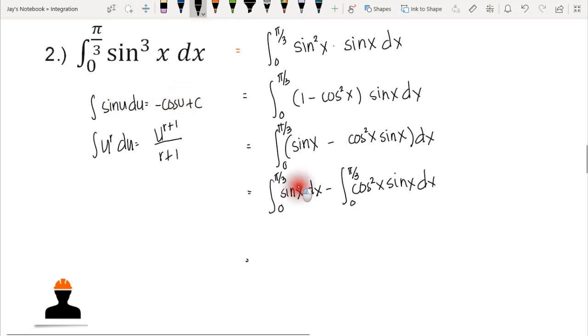Our u in this case is x, so the derivative of x is dx. Upon checking the integrand, this is our u and this is our du, and our du already satisfies the required du, so we do not need to introduce a multiplier. We can directly use the formula, negative cosine x.